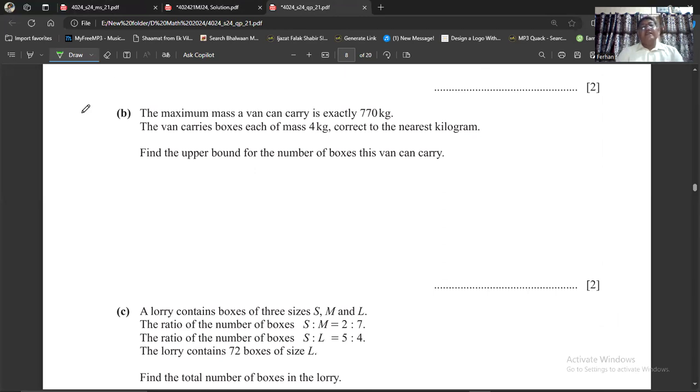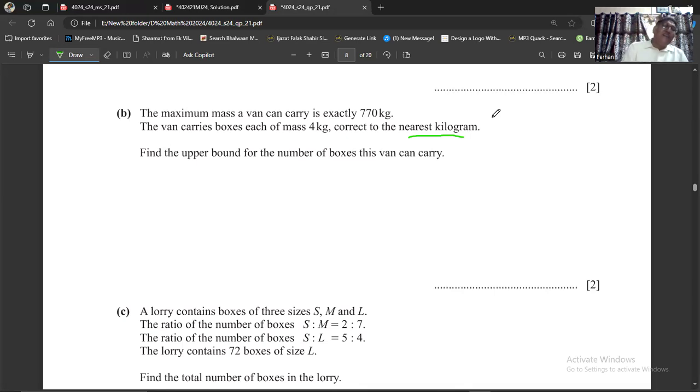So the maximum mass a van can carry is exactly 770 kg. The van carries boxes each of mass 4 kg, correct to the nearest kilogram. That means 1 kg. So I will divide 1 kg by 2. I will get 0.5 kg.